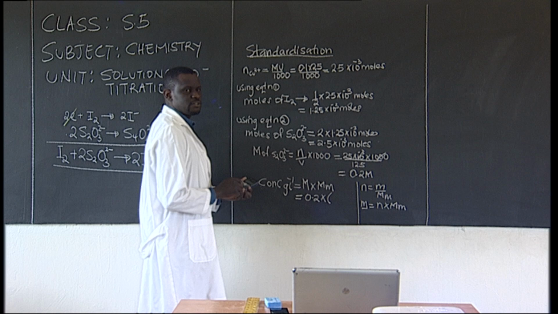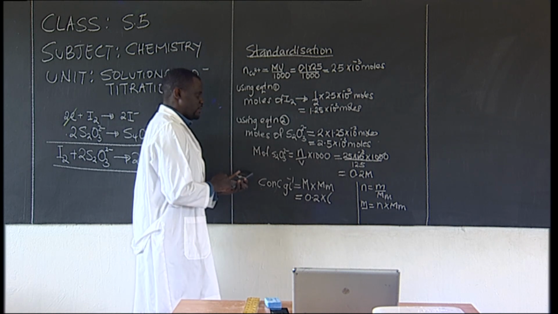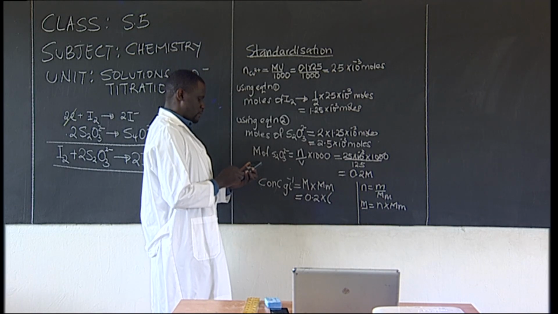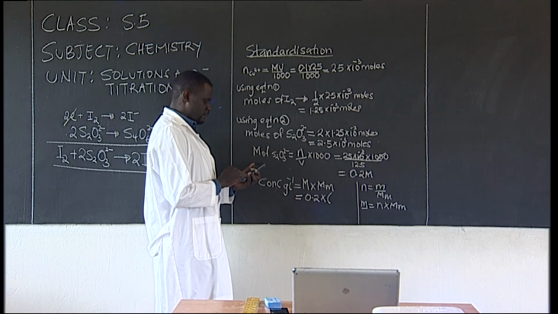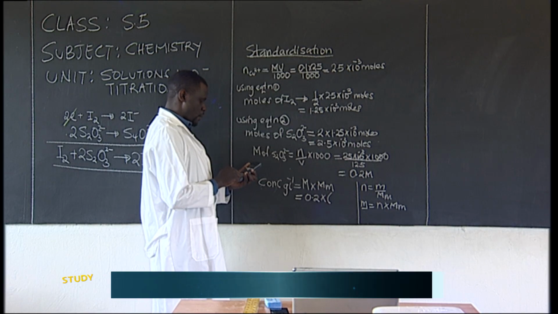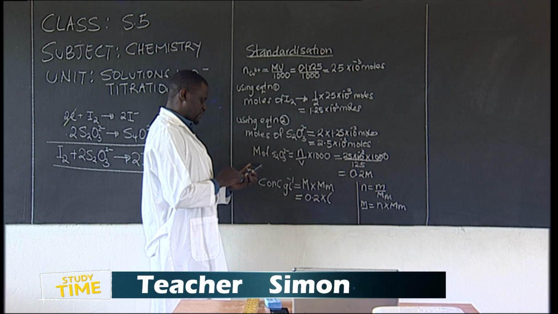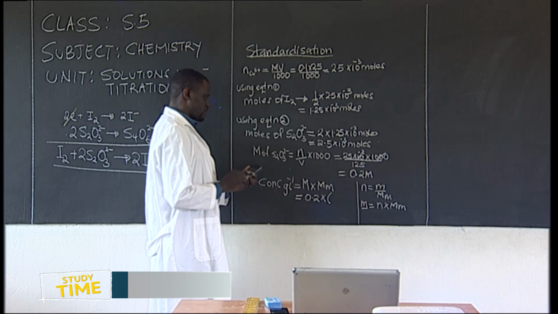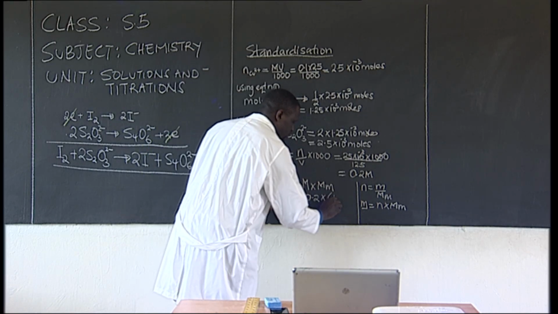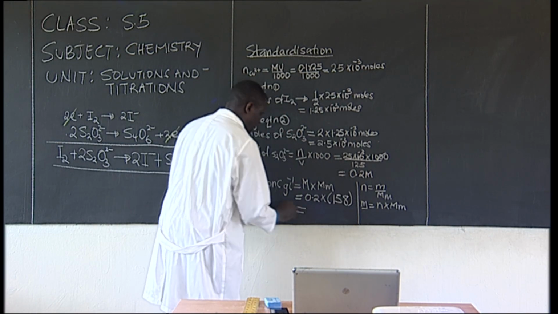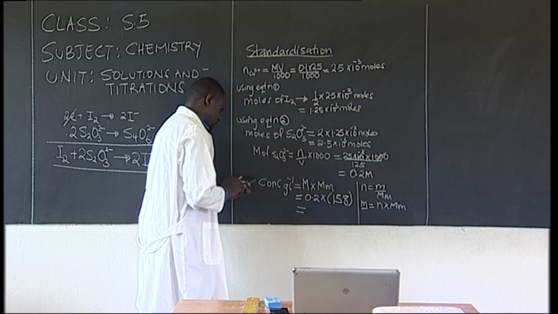Sodium thiosulfate is sodium times 2, plus sulfur times 2, plus oxygen, which is 16 times 3. So our value of molar mass of thiosulfate will be 158. So we multiply and say times 0.2.